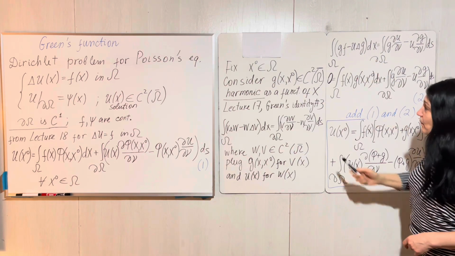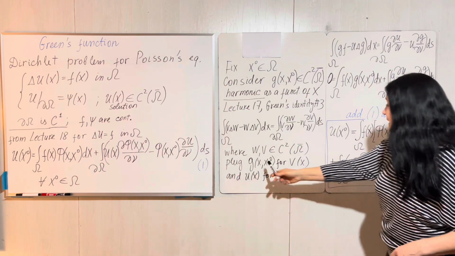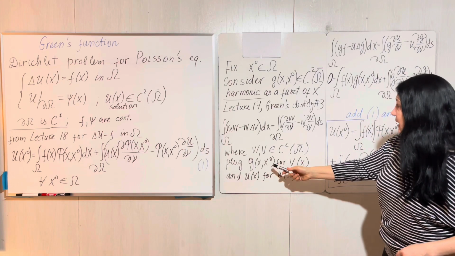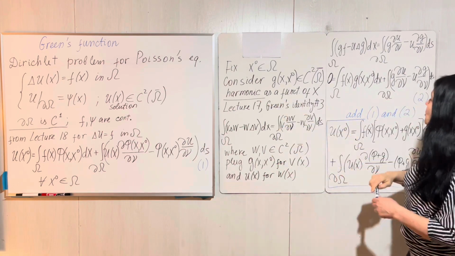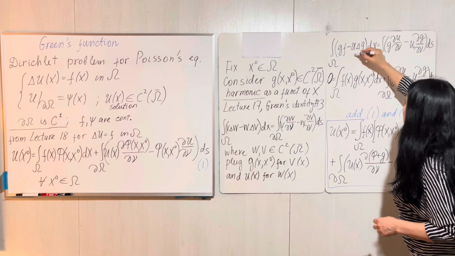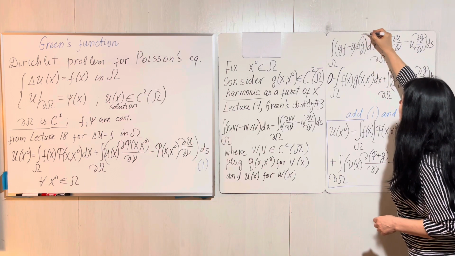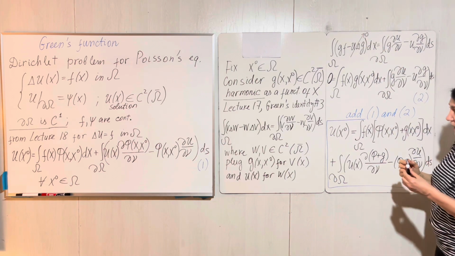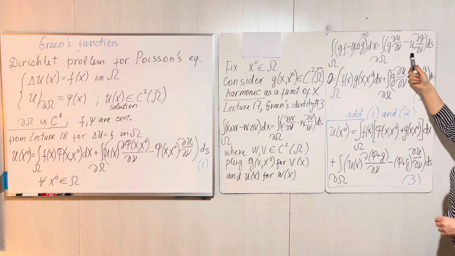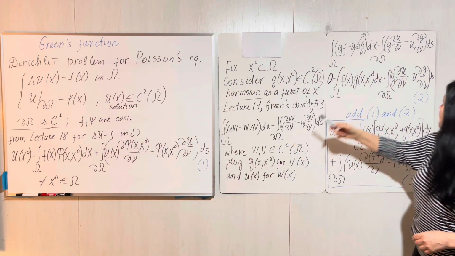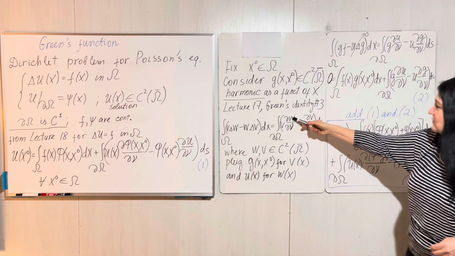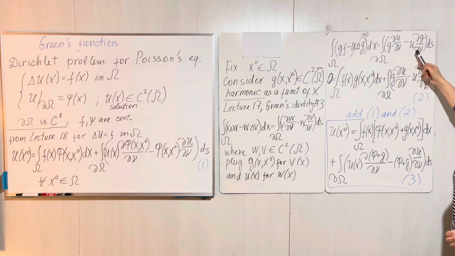But we know that g is a harmonic function, so this term goes to 0. On the right-hand side, instead of v we put g and instead of w we put u, keeping the same substitution for the last term: minus u dg/dnu.